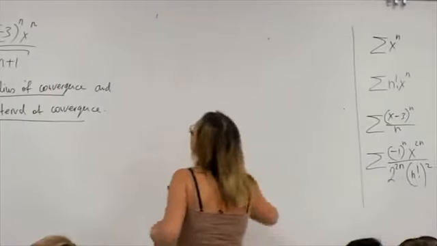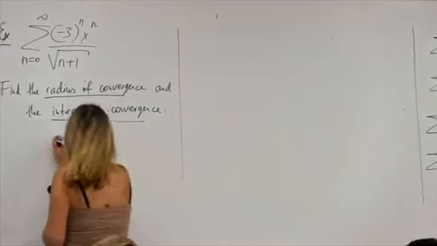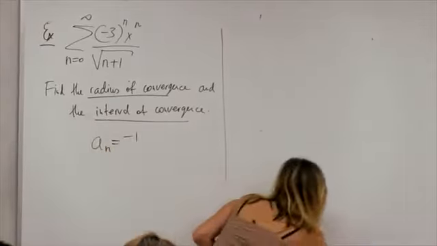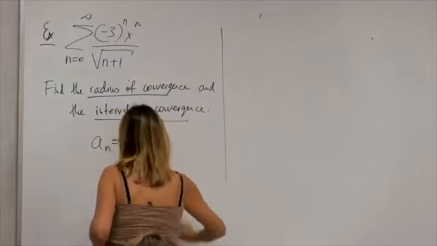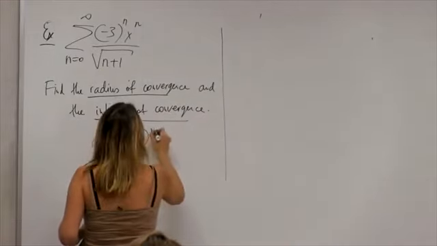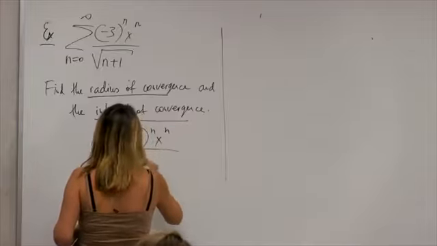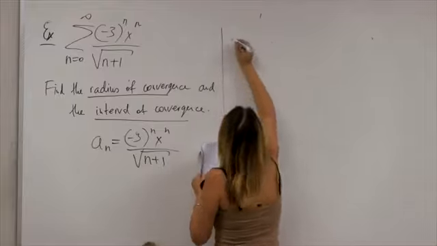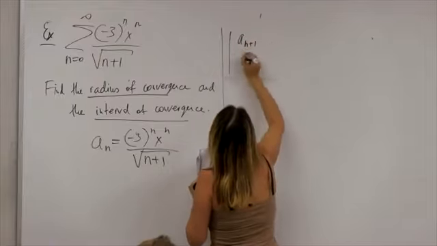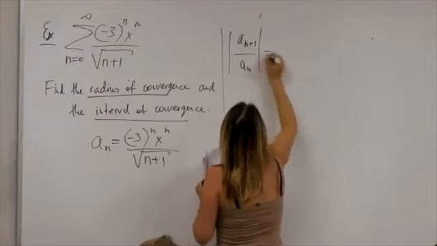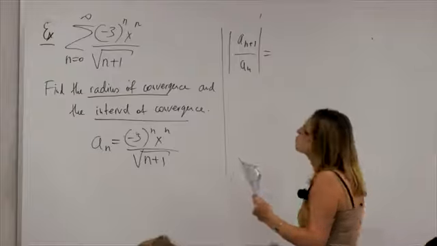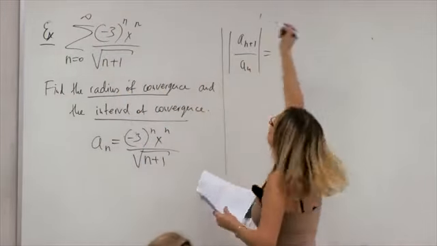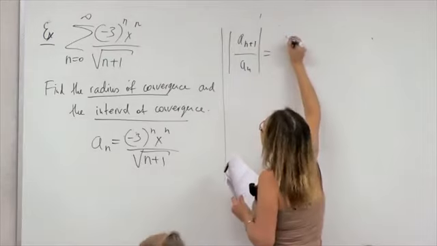We are going to use the ratio test with a_n given by (minus 3) to the n, x to the n, over the square root of n plus 1. So a_(n+1) over a_n. I'm actually going to ignore the minus sign here because we only need the absolute value.